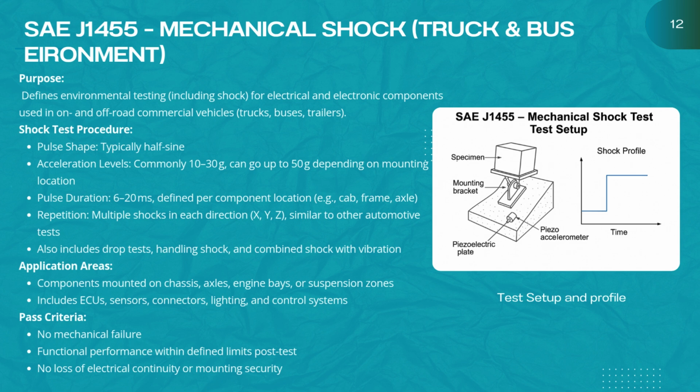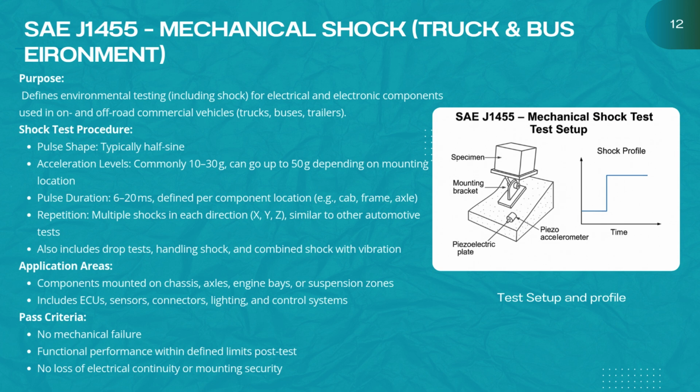The shock pulse is usually half-sine, with acceleration levels ranging from 10 to 30 grams, and in some cases up to 50 grams, depending on where the component is mounted, like on the cab, axle, or chassis. Pulse durations are typically 6 to 20 milliseconds, and shocks are applied in multiple directions, X, Y, Z, just like other automotive shock tests.